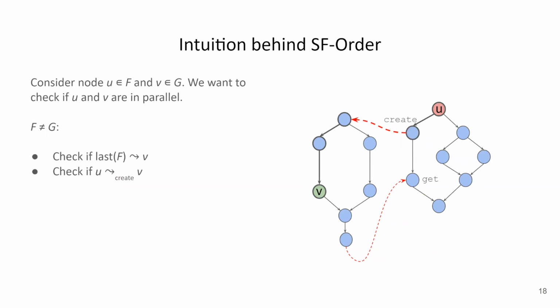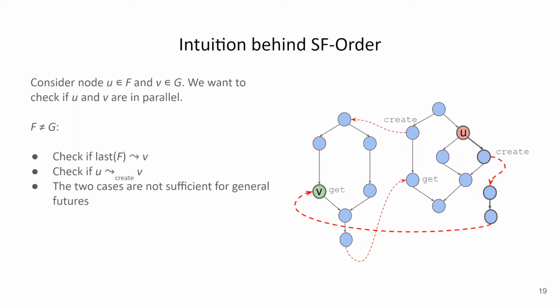If there's no such path, then we check if there is a create path between them. Here, create path means that the path does not contain any edges arising from executing get. Again, these two checks are not sufficient for general futures.